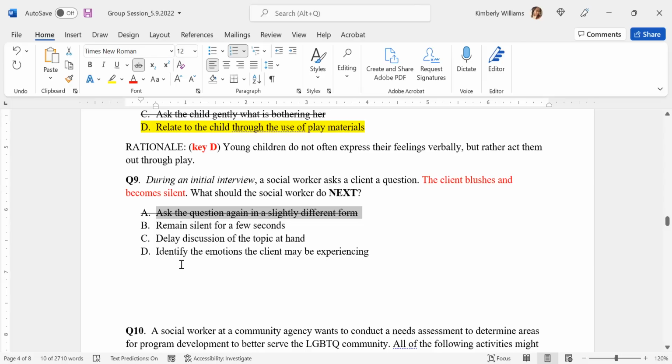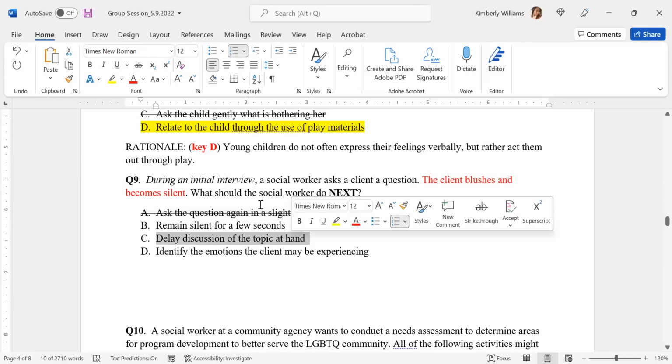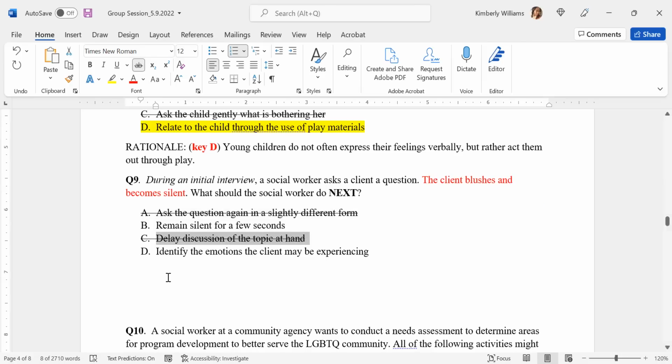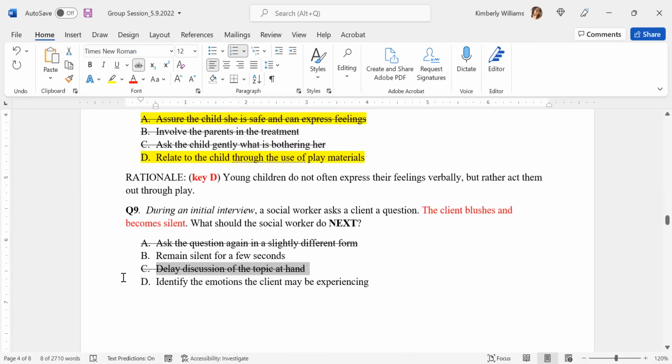I would scratch. D, identify the emotions the client may be experiencing. I would say scratch. Anybody have any that they would want to pause before she continues?